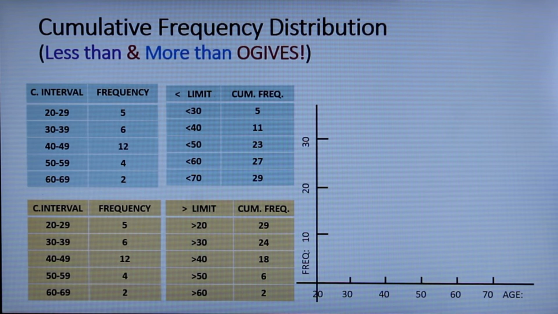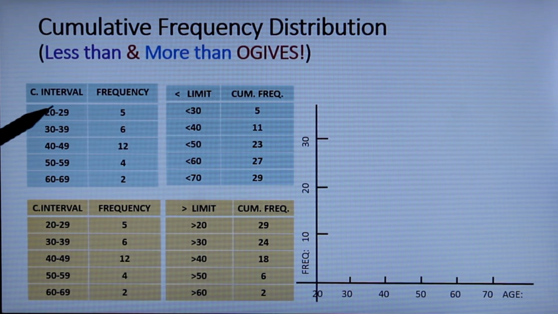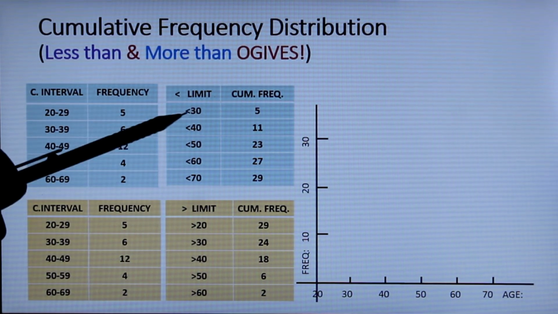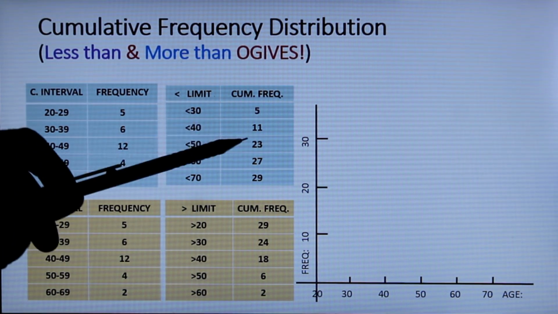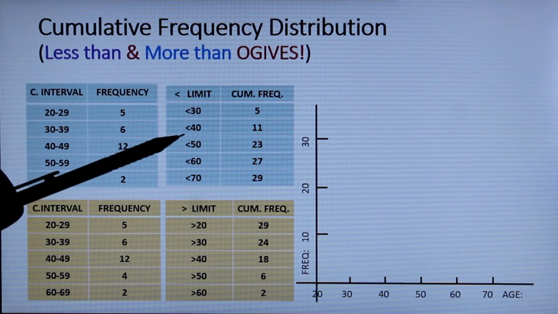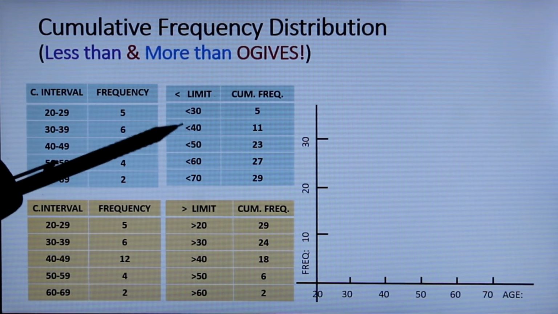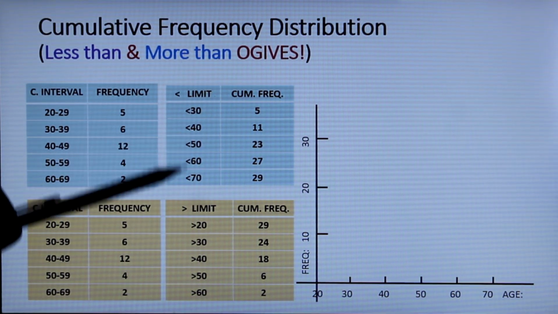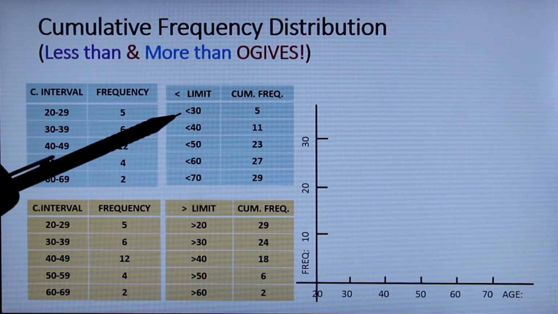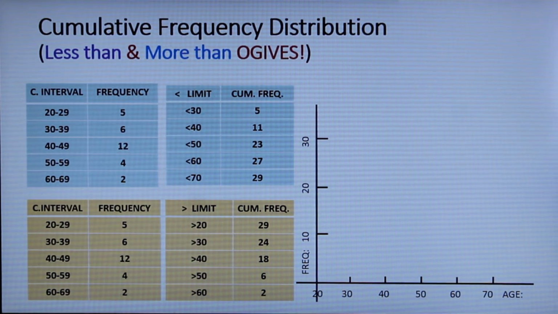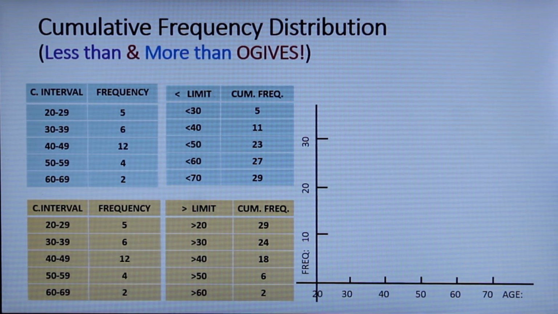The class intervals, which are 20 to 29, 30 to 39, are all defined as less than age in cumulative frequency. For example, the first one is less than 30 years, the second one is anywhere from 0 to less than 40 years, and so on and so forth. So this is what you mean by less than cumulation.